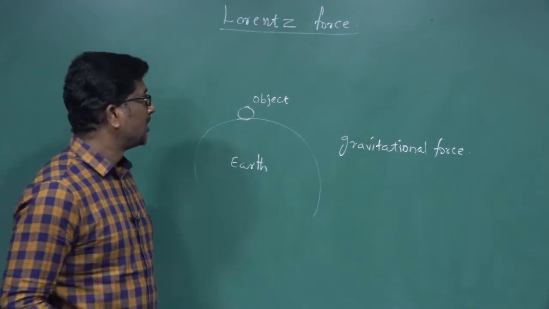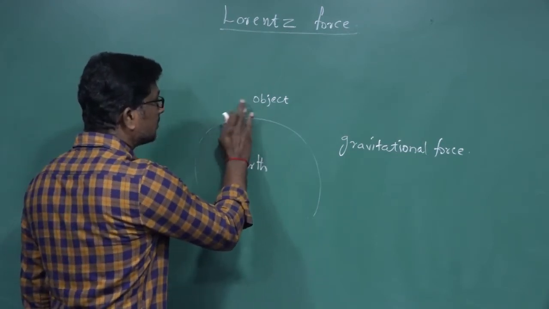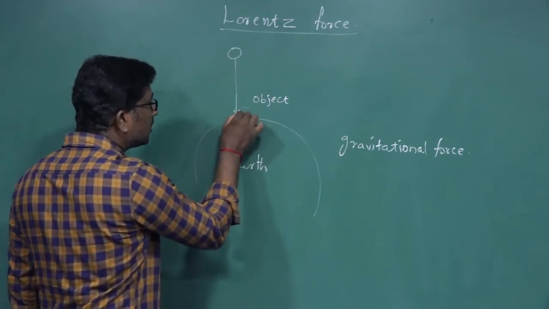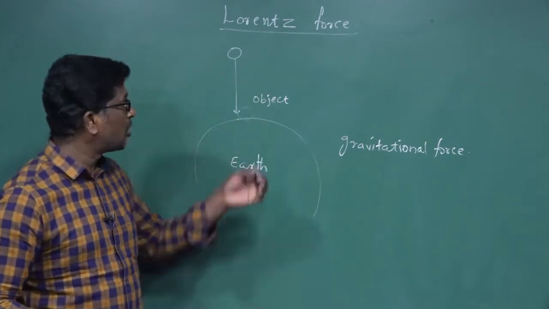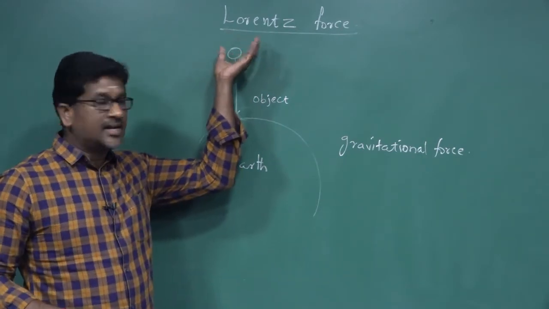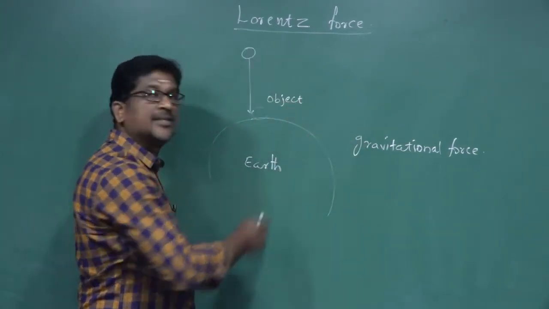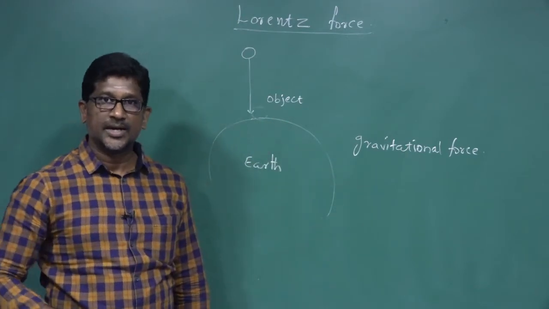Gravitational force. Suppose the same object is dropped from a certain height near the surface of the earth. Once again, this object experiences gravitational force under the influence of gravity.